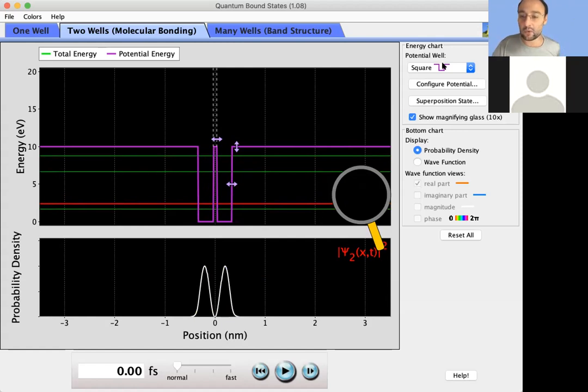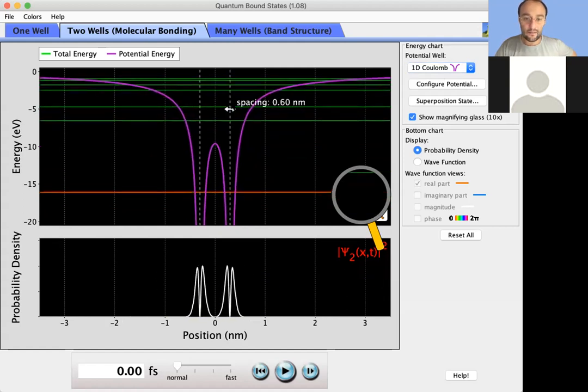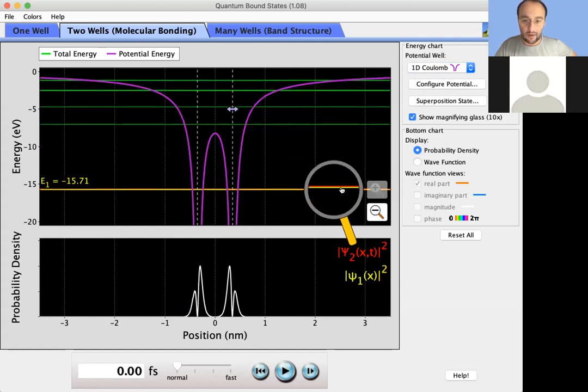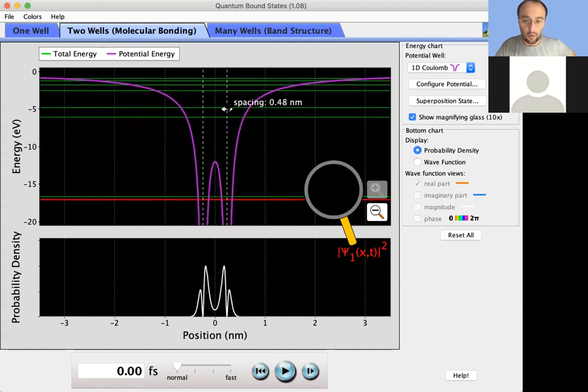And before I go to many wells, let me show you the 1D Coulomb potential, so you get basically the same idea. Pay attention to the bottom right here. As I bring the atoms further apart, hardly any difference, but as I bring them together, the wave functions begin to overlap.